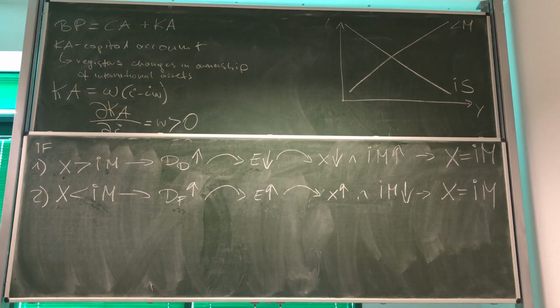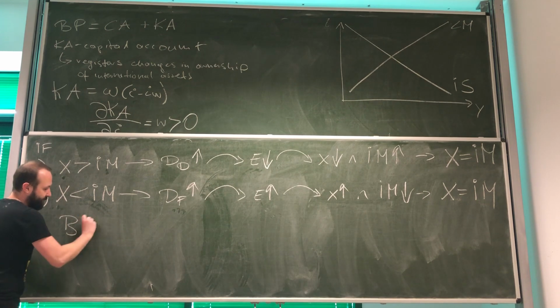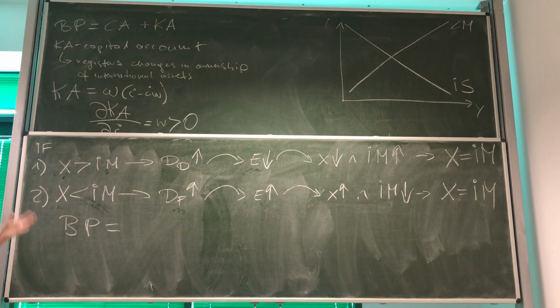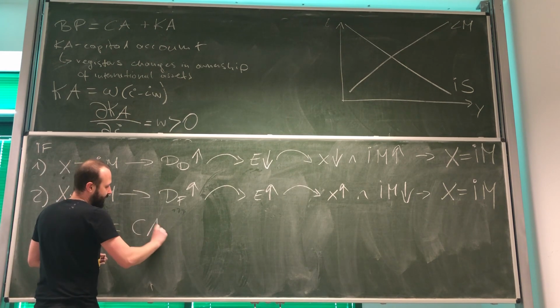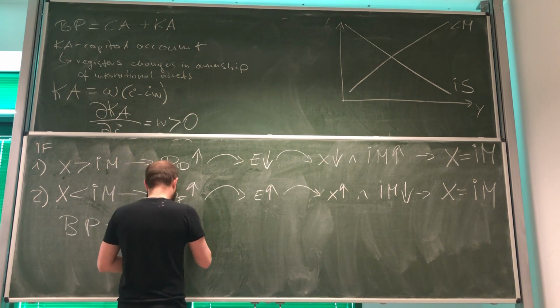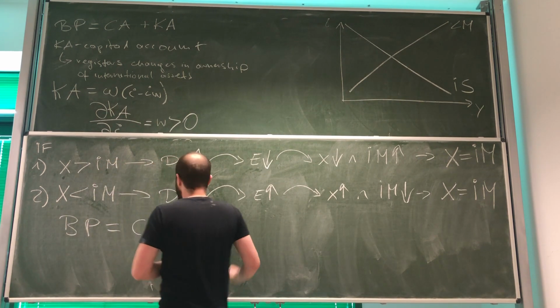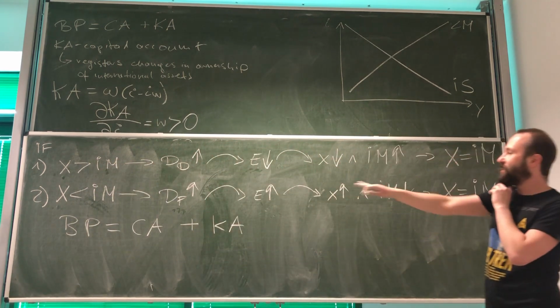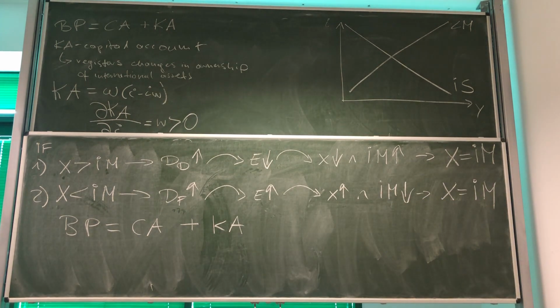We said that BP, the balance of payments in our case, is made out of two parts: current account and capital account. And each of these accounts separately will create a pressure on the exchange rate.